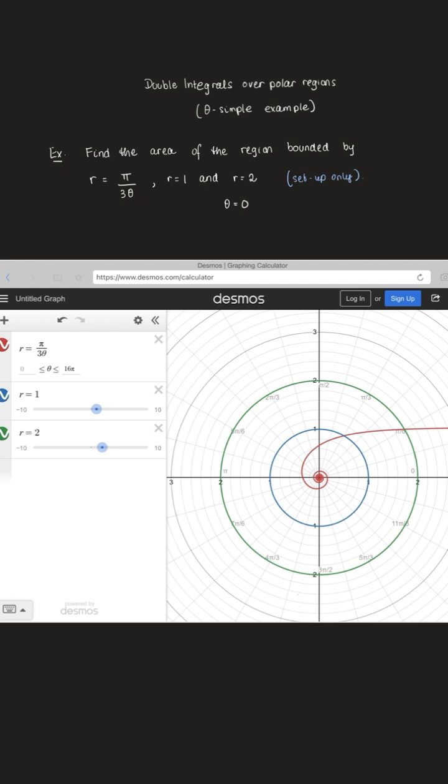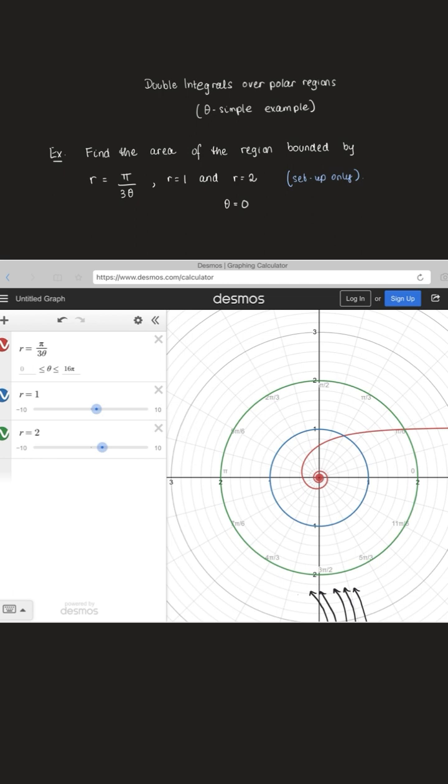So if I start at 0 in my region, theta equals 0, I'm building all the way up where theta would go from 0 to our function. From 0 to our function. And that doesn't change from 0 to our function. Doesn't change. So this is definitely a good candidate for theta simple because theta is always between two functions.